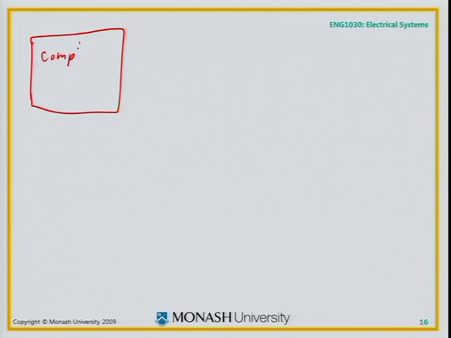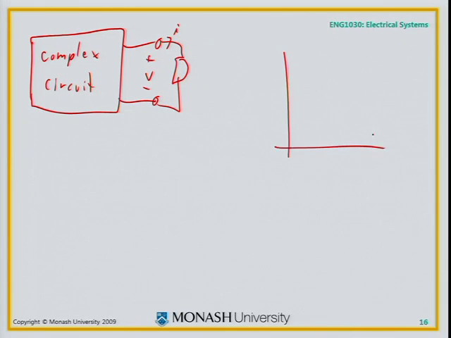If this is our complex circuit, with voltage V, current I, and some test points on it, and we said it has this type of relationship.